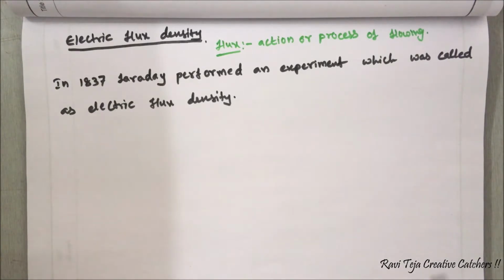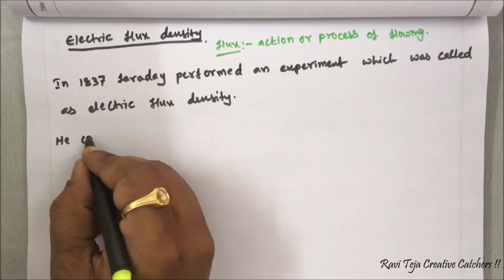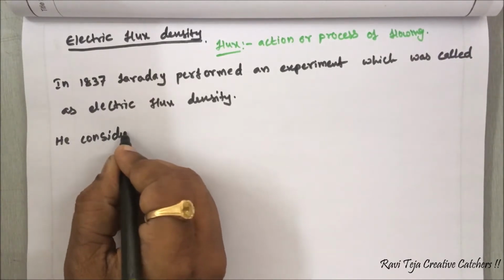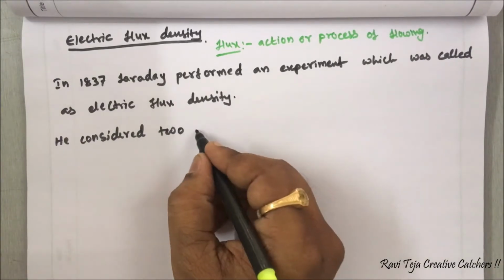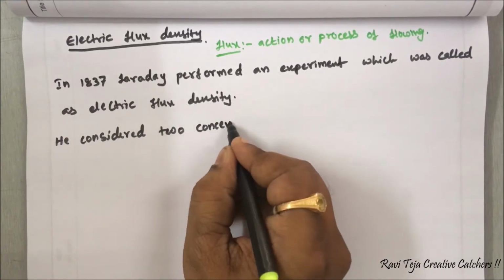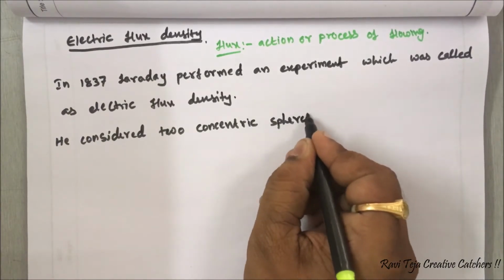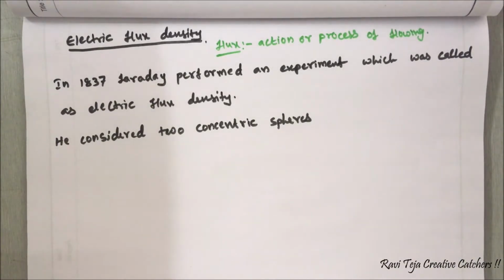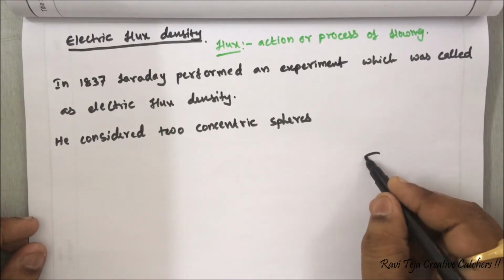So he considered two concentric spheres. I will tell you what these concentric spheres are. Let's consider two spheres.